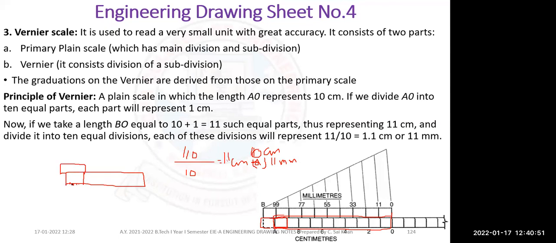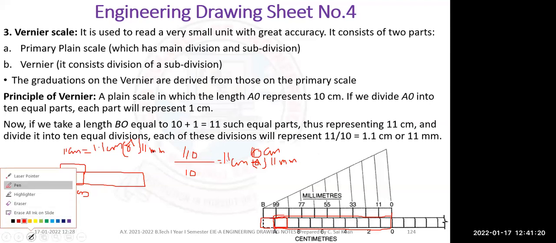So this distance is 10 centimeter, and this distance is 11 centimeter. Now I'm dividing the 11 centimeter into 10 equal parts. So each part will become 1.1 centimeter, or 11 mm. Okay.